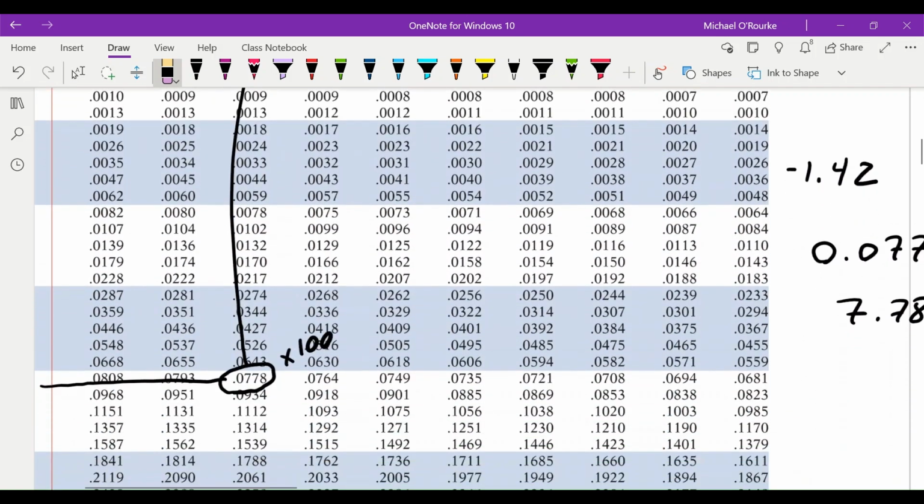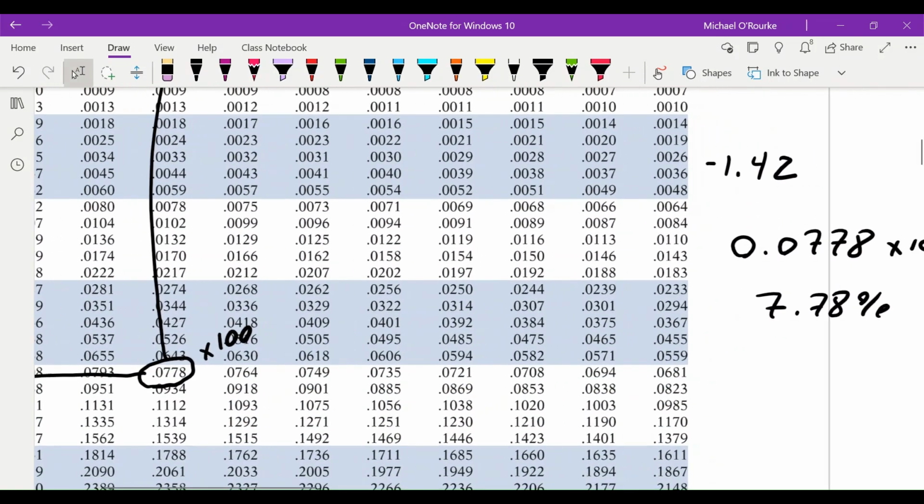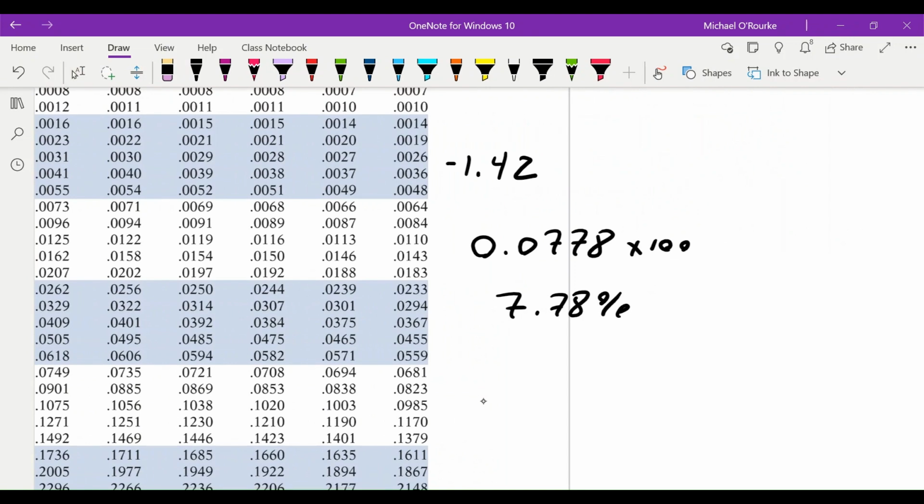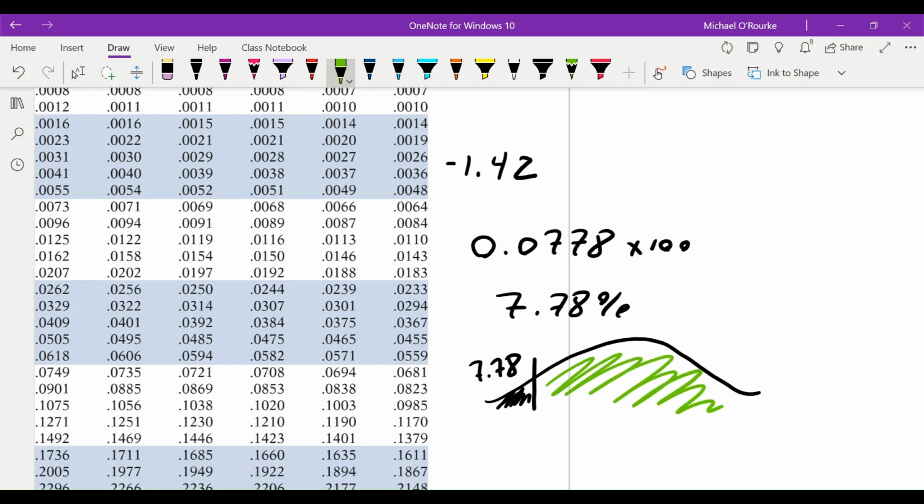So in that case, my 7.78 would mean, if I was drawing out my curve here, there's my line, which represents 7.78% below, which would also mean that in order to find it above, I would go 100 minus 7.78, which would be what?